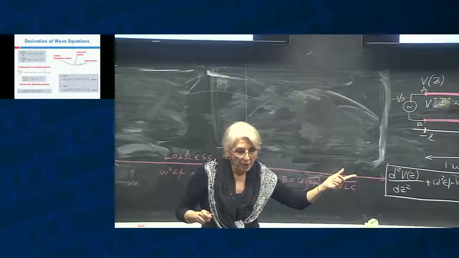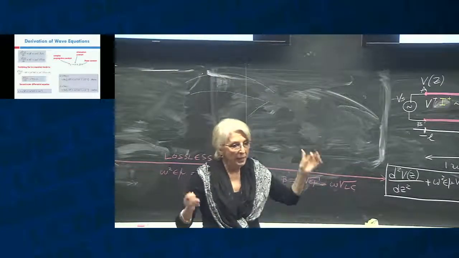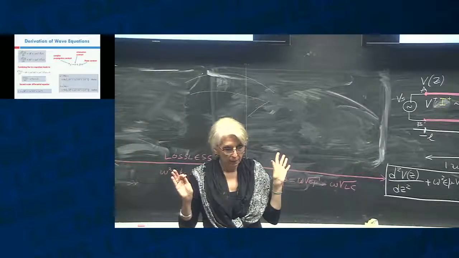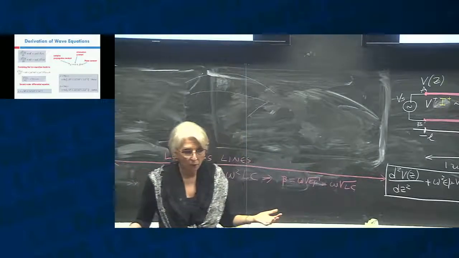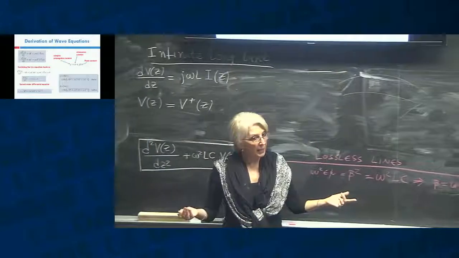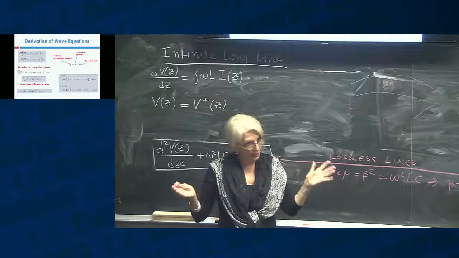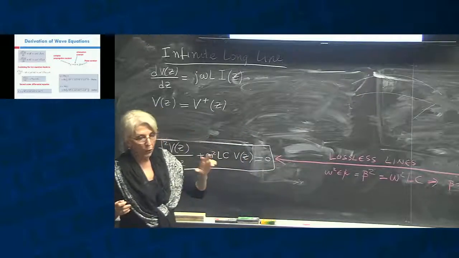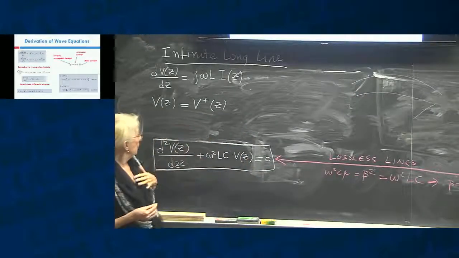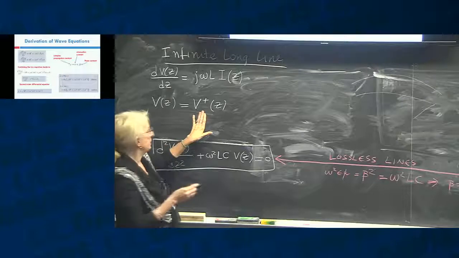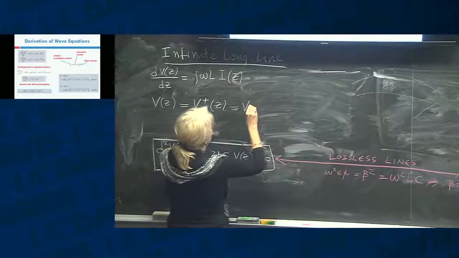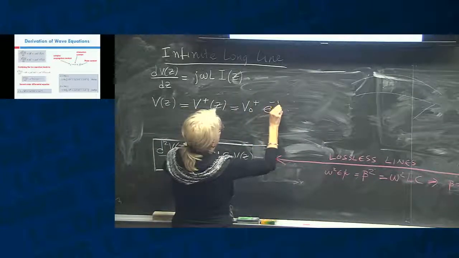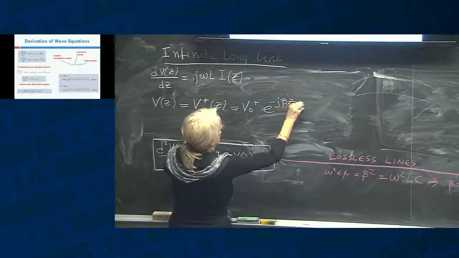Either one of them is going to exist or any combination of the two. So you don't always need to have both of them. One is going to be enough for a problem if it's the right solution. But at least you need one or both or any combination of the two. So in this case we have only one, which is V naught plus e to the minus jβz.